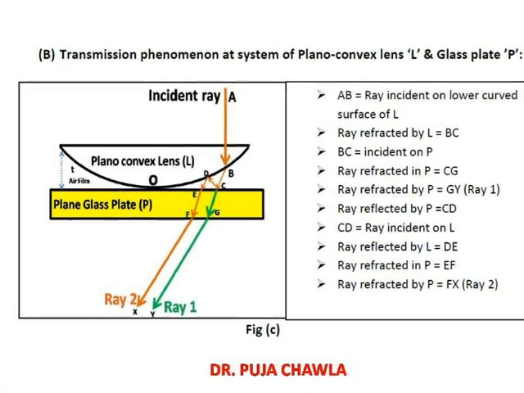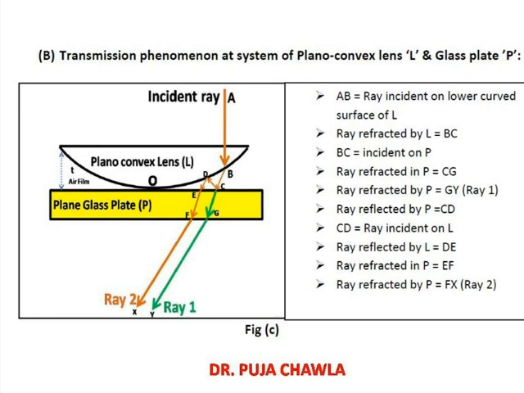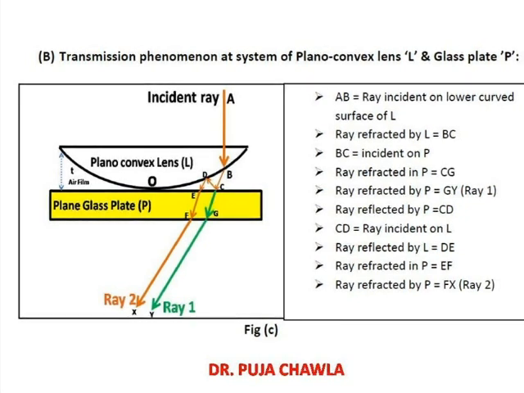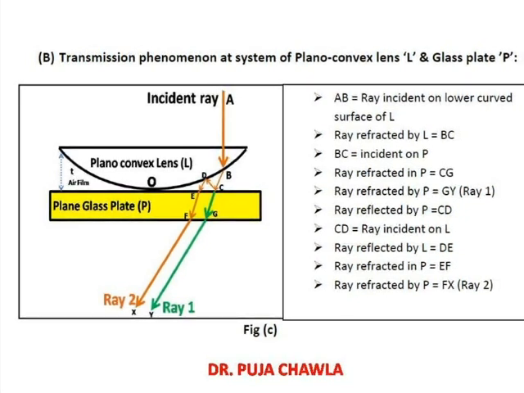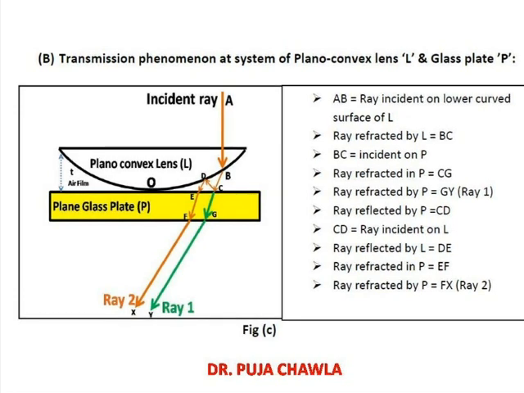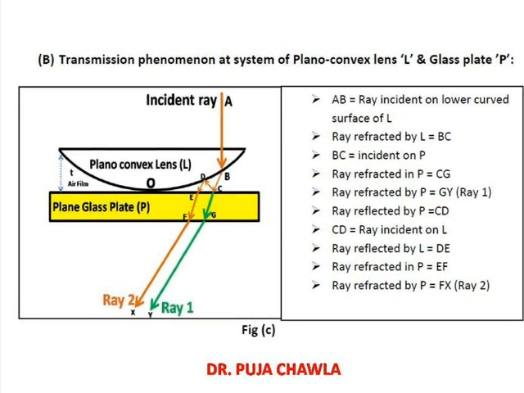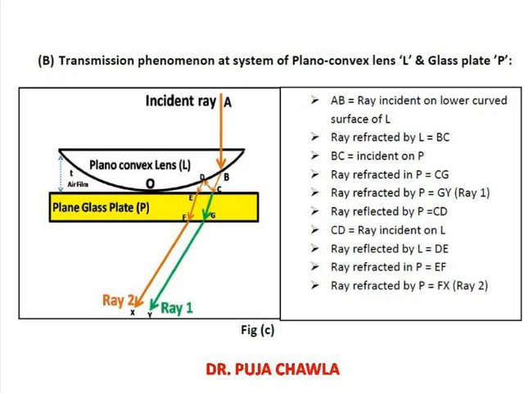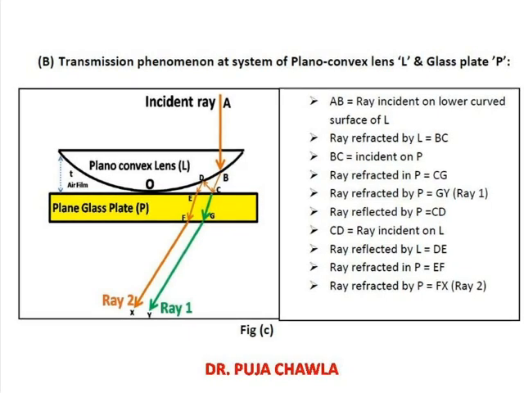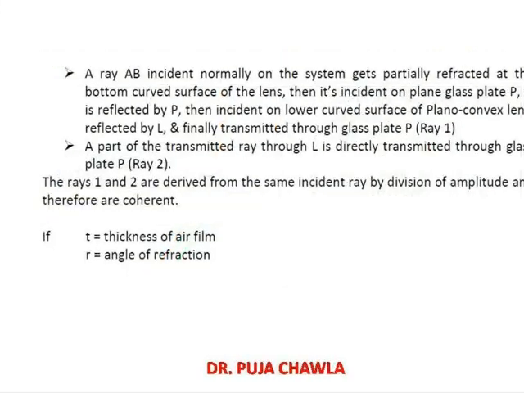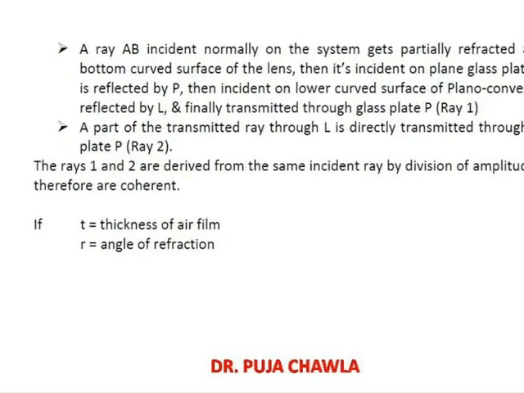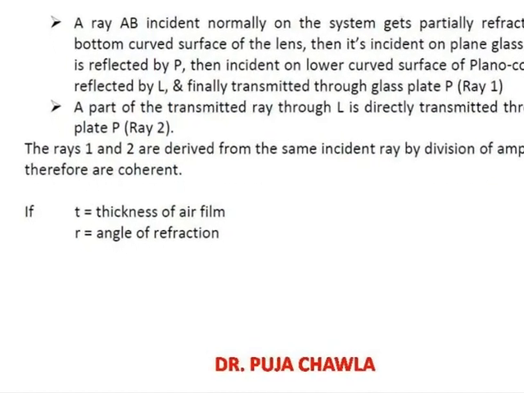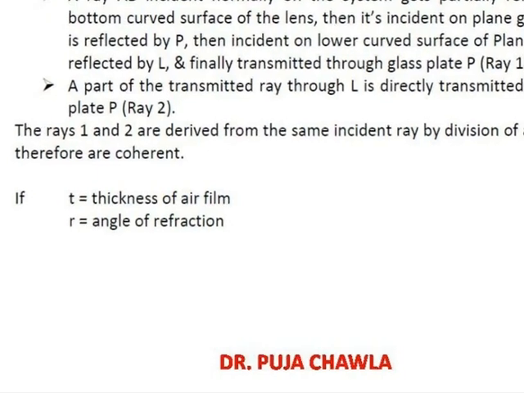Now our motive is to find out what kind of interference pattern it would produce. The answer depends only on one factor, path difference. Next, our motive is to find out the path difference between ray number 1 and ray number 2. The complete phenomena, how the rays 1 and 2 are produced, is shown on this particular slide.